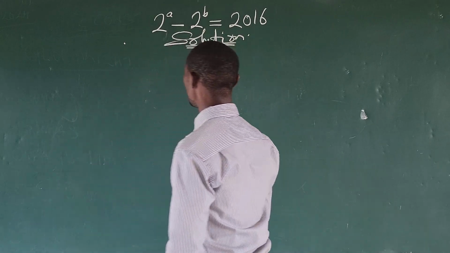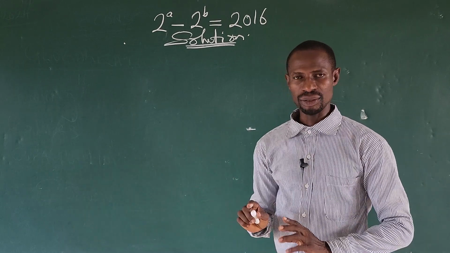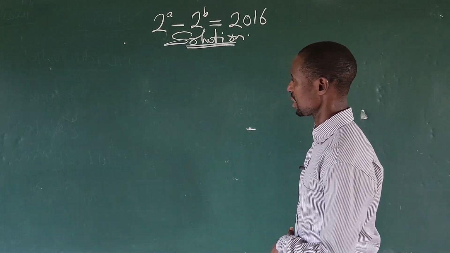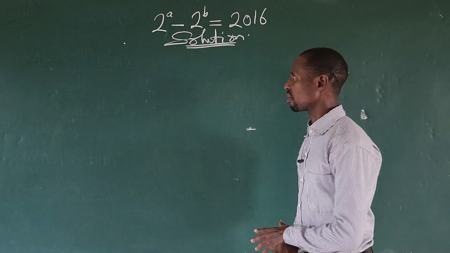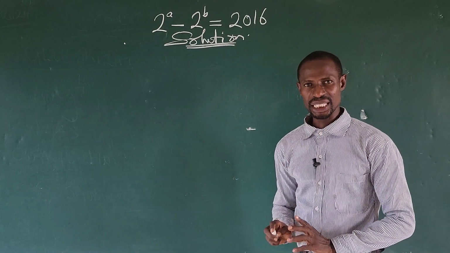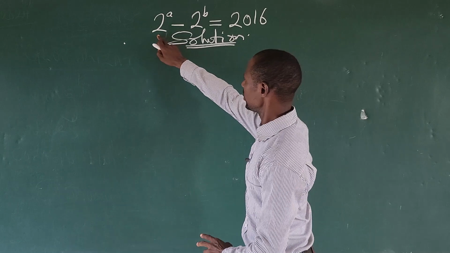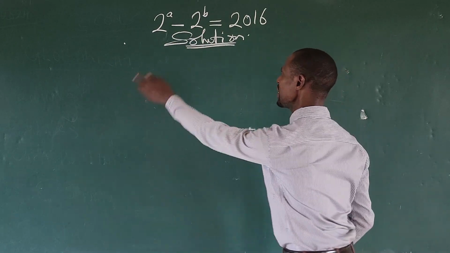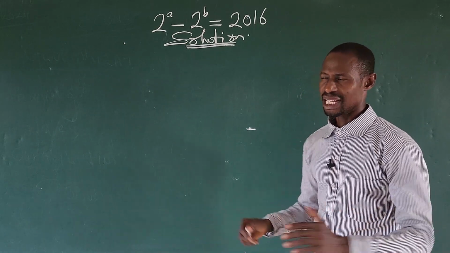The number one thing we have to do here is to draw up some assumptions that will enable us to solve this challenge. We have 2 to the power of a minus 2 to the power of b. On the right-hand side is a positive integer, and on the left-hand side both terms have the same base, 2, with a minus sign between them.